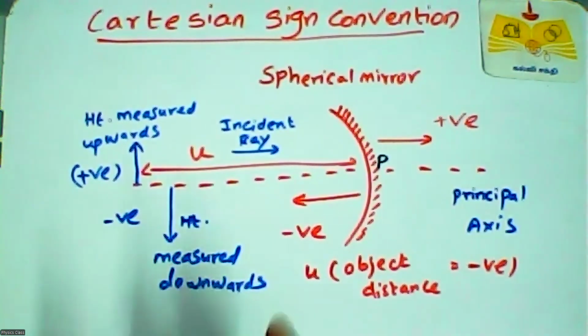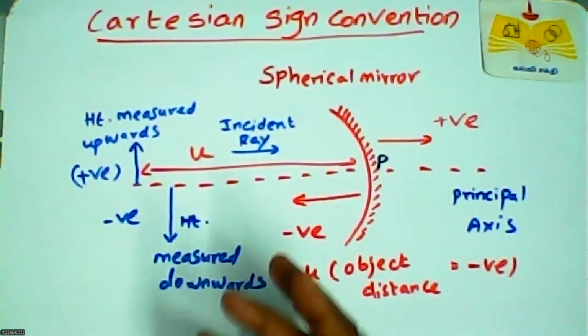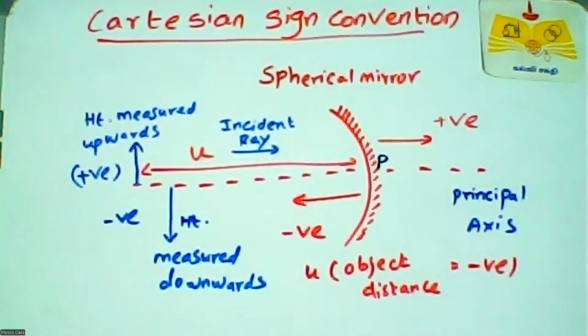Right. Now the image distance. The image may be formed in front of the mirror or behind the mirror by the convex mirror and concave mirror, which is denoted as v.